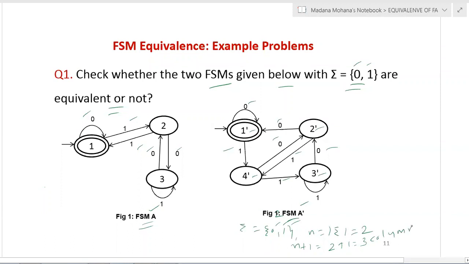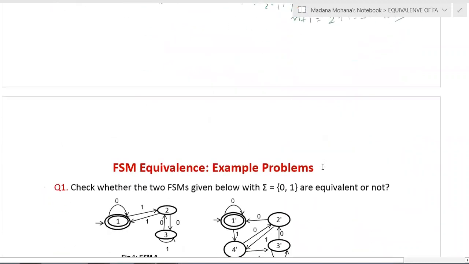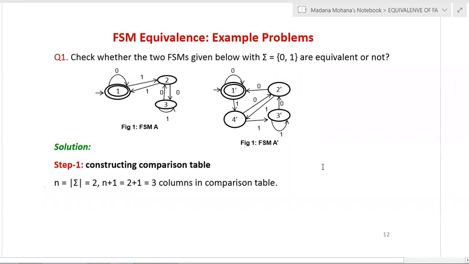First we consider n equals mod sigma equals 2, so n plus 1 equals 3 columns in the comparison table.